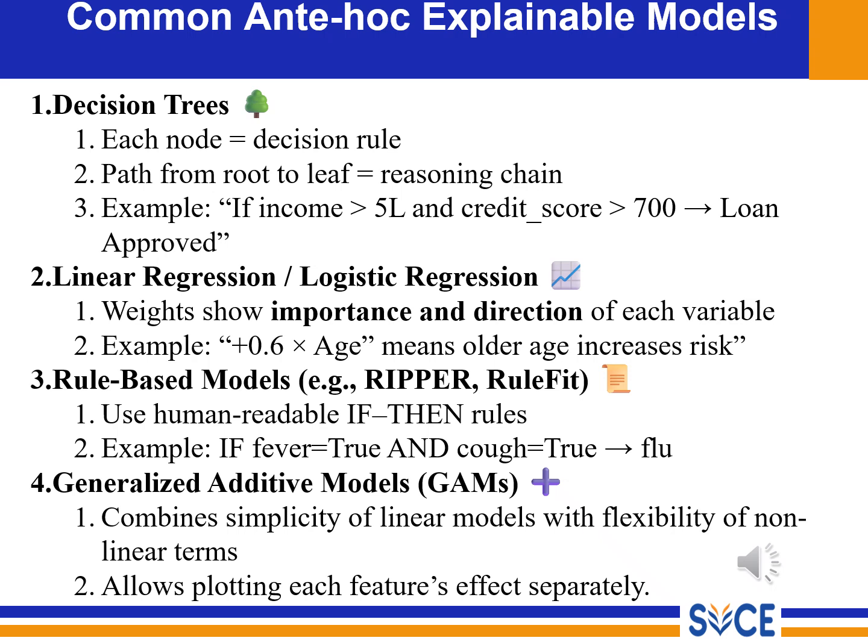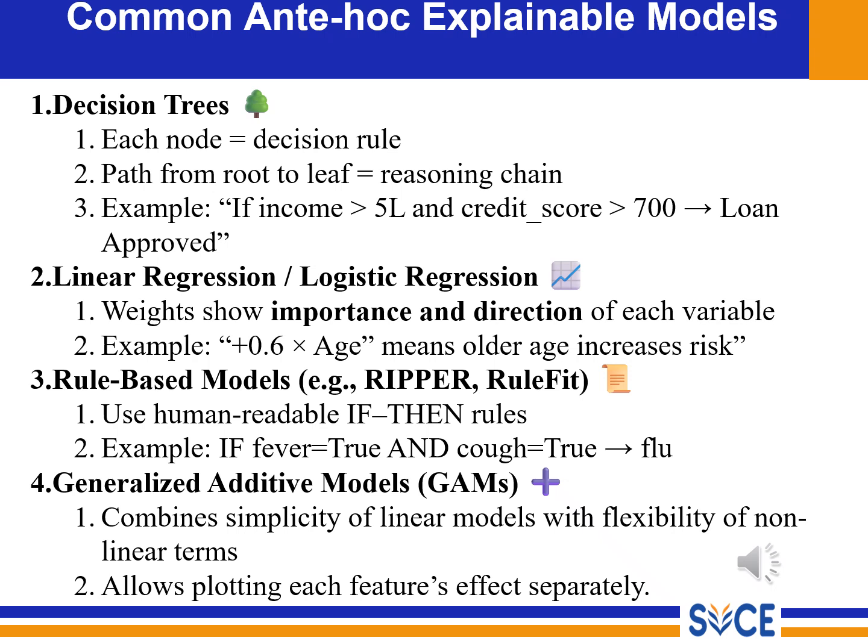The second one is linear regression or logistic regression, which mainly shows the importance and direction of each variable. Then rule-based models, whose main purpose is human-readable if-then rules. For example, if fever equals true and cough equals true, then the output is flu.